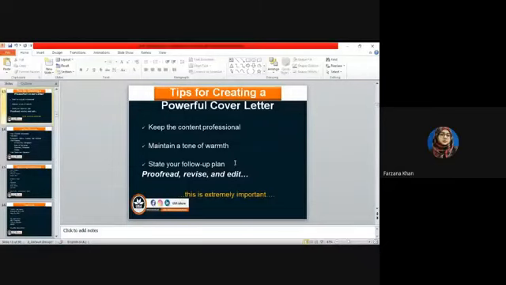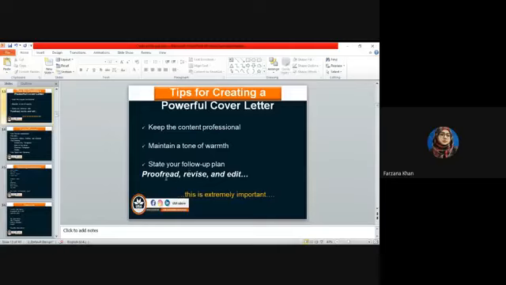Last but not least, and extremely important, is to proofread, revise, and edit your cover letter. Whether it's a cover letter or resume, it is very important. You must proofread it yourself, and if any colleague, friend, teacher or other competent person is available, you can show your cover letter to them for proofreading.